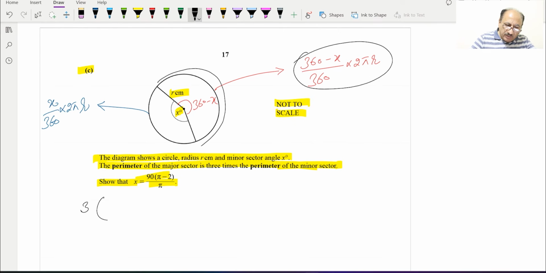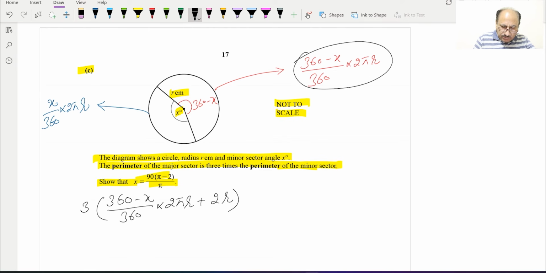So both radii we add, so that will be the perimeter. So 360 minus x over 360 multiplied by 2 pi r, plus 2r, is equal to 3 times the other one, which is the minor arc.